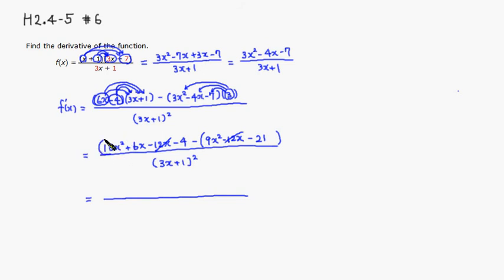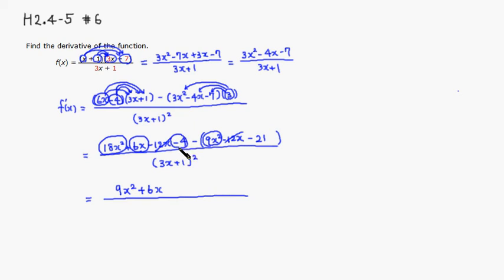So you have 18x squared minus 9x squared, so that's going to give you 9x squared. And the x term, there's only one x term, so here is plus 6x.